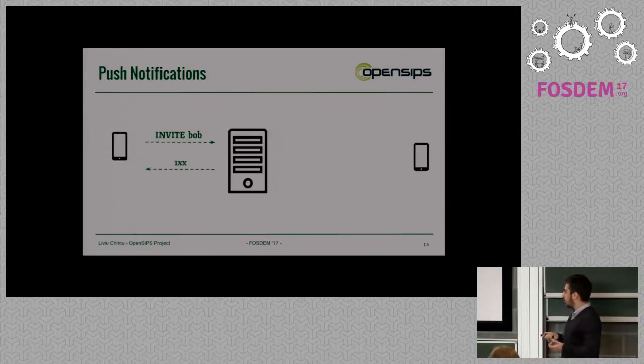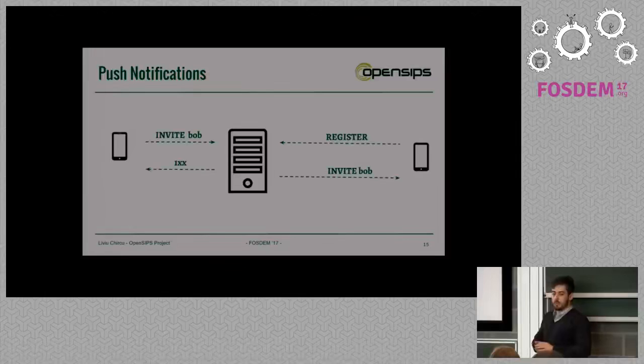So when a call is received, if a user is not found, a mobile device user, we can throw this push notification to get it to register and ultimately receive the call.